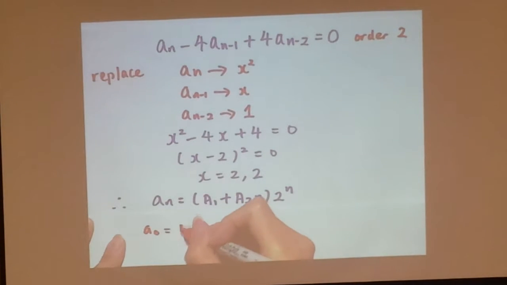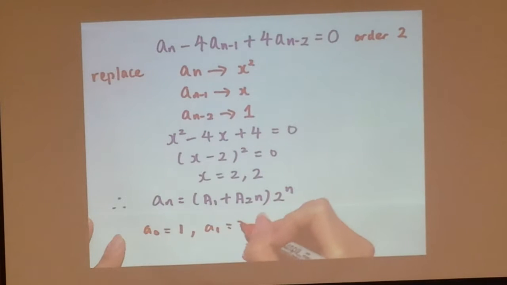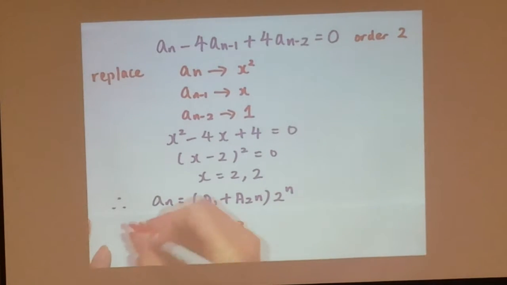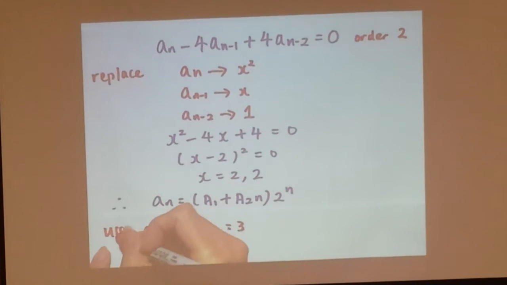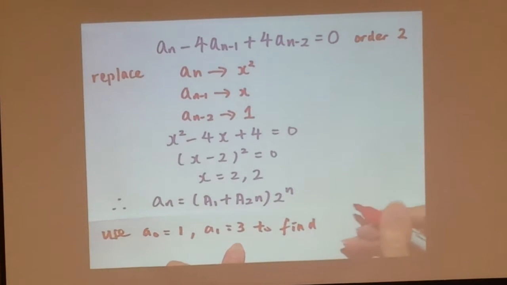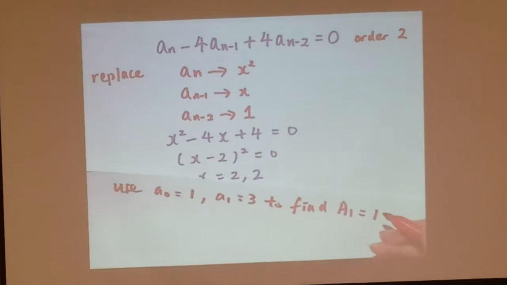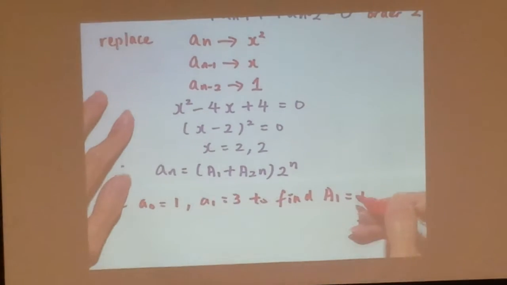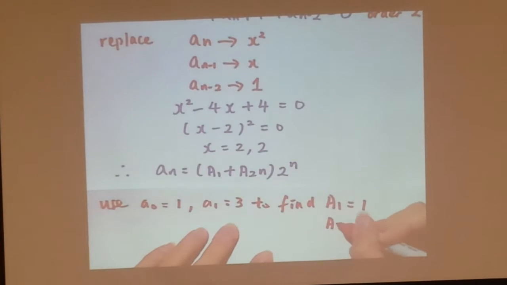So we have A0 is 1, right? A1 is 3. So you use this, right? So A1 is 1 and A2 is half.